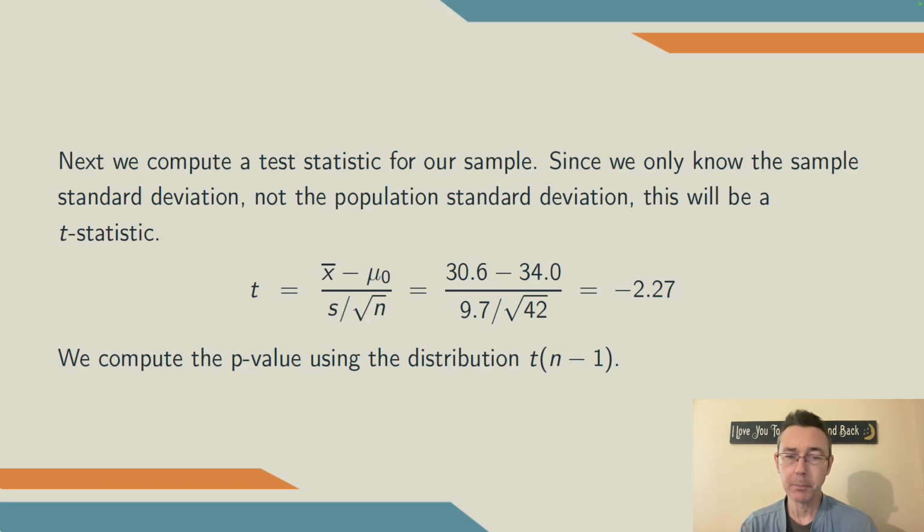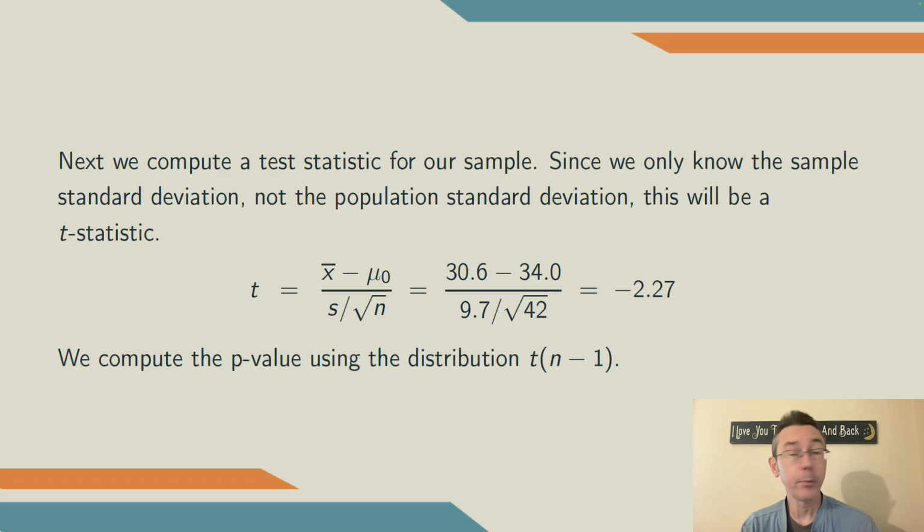So those are all things we can plug in. The sample mean was 30.6, the population mean under the null hypothesis was 34.0, etc. When we plug in and we do the arithmetic there, we get t is negative 2.27.